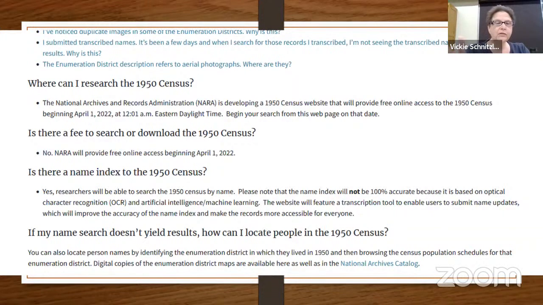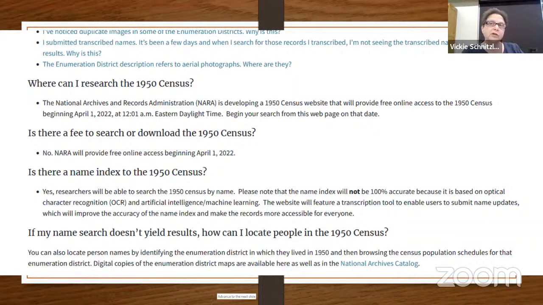There was something else about the infant cards, and I wasn't sure what an infant card was. But what they did is, if there was an infant in the house, they had a special little index card they had to fill out. And then it says that after the information was into the system, or after the census was done, all the infant cards were destroyed.